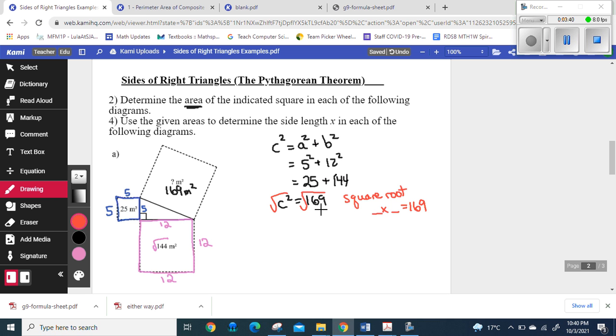Well, that is 13, because 13 times 13 is 169. So this side length right here is 13. So C equals 13 meters.